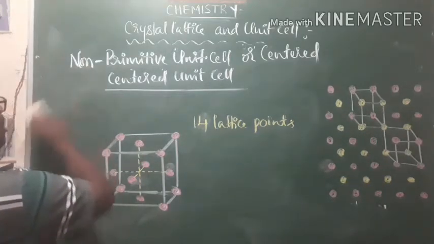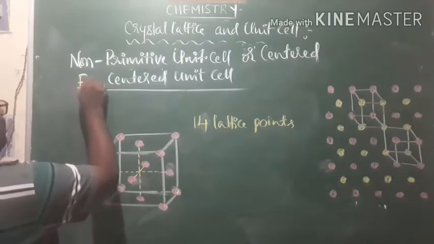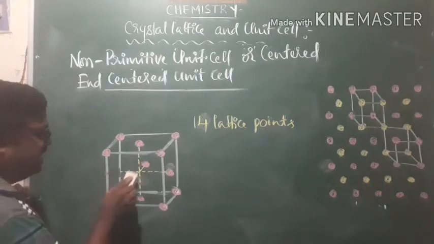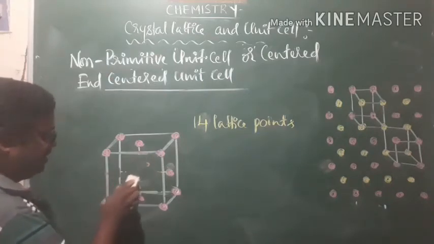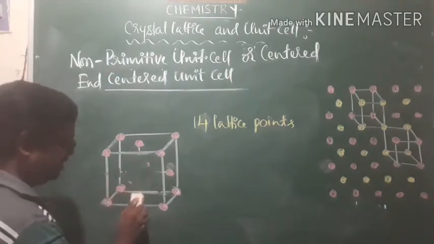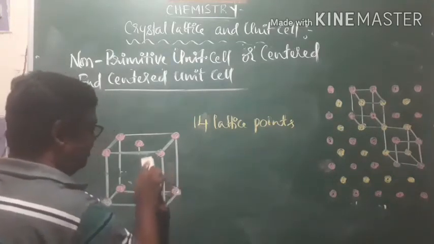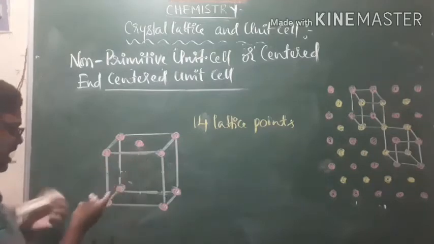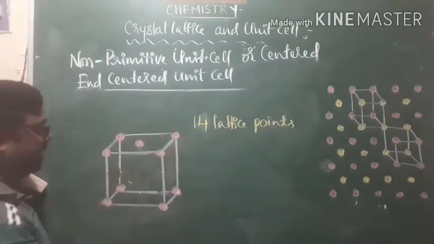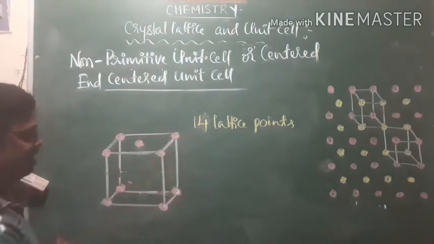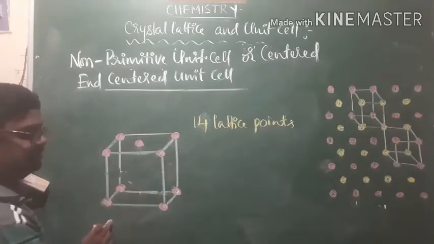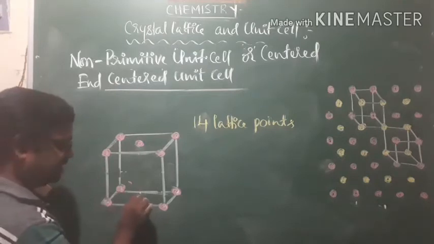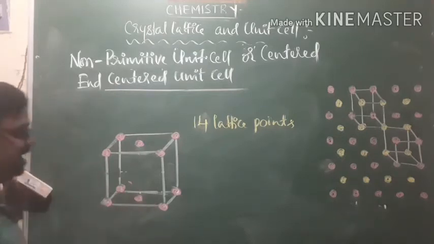In addition to that, we have one more kind of unit cell, that is what we call an end-centered unit cell. In the case of end-centered unit cell, in addition to the corner particles, in addition to the lattice points at the corners, you will find particles at the center of any two opposite faces. Look, any two opposite faces.